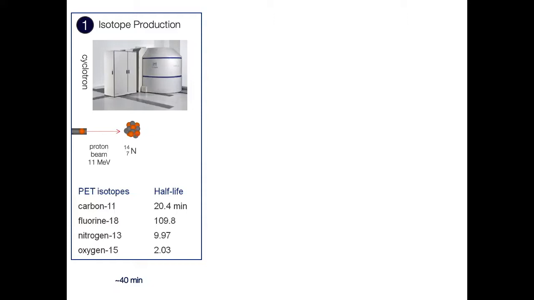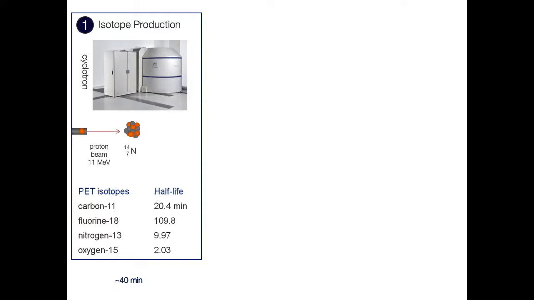So what you have to do is produce these kinds of tracers on site, because if you were to produce them too far away, by the time you get them delivered to the site of the scanner, you wouldn't get much signal. And so there are really short-lived tracers, such as oxygen-15, that have a half-life of 2 minutes.